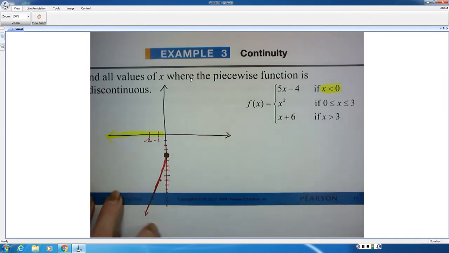There's actually a hole there. But if I plug 0 into the rule that 0 is supposed to plug into, the x squared rule, what's 0 squared? 0. That means I would have the point 0, 0.